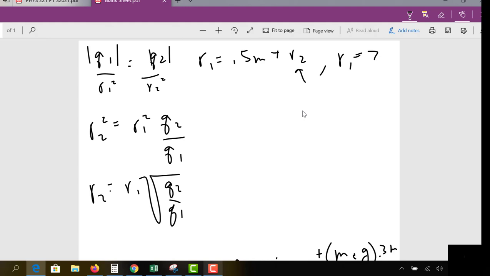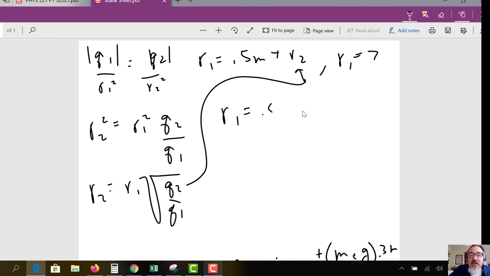And then I could take that and plug it in here. And then I have R1 is 0.5 meters plus R2, but R2 is this thing, R1 square root of Q2 over Q1. And now I've just got one unknown. That's the only thing I don't know is R1, so I could definitely solve that.